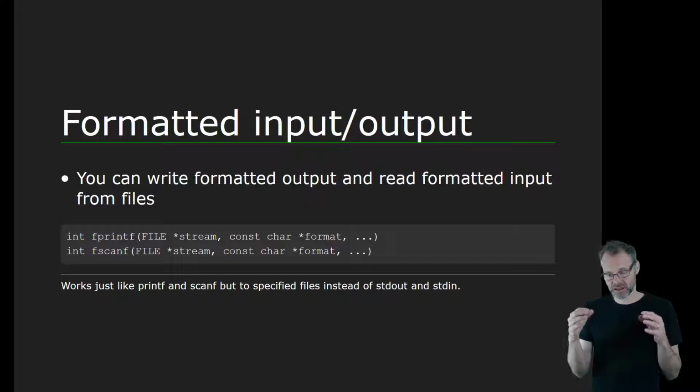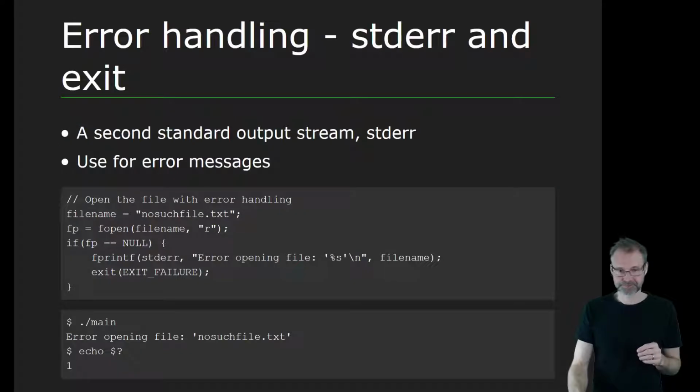So here we can make formatted output to the file, and we can also read from the file in a formatted way. So we're reading parts of the file and putting them into variables, for example, using fscanf. So formatted input and output, good to know.